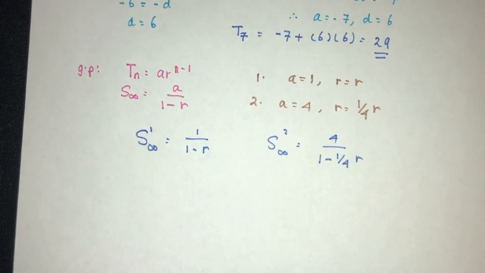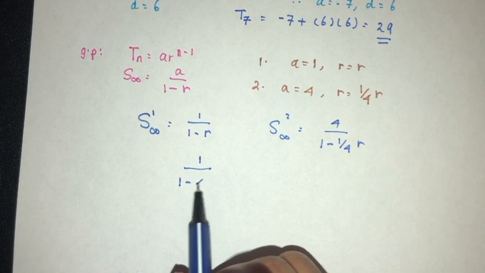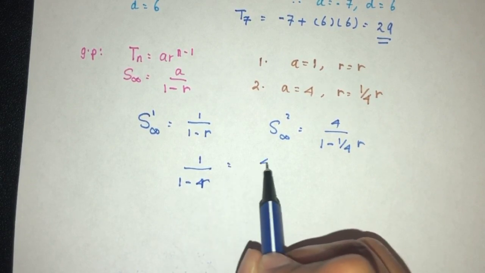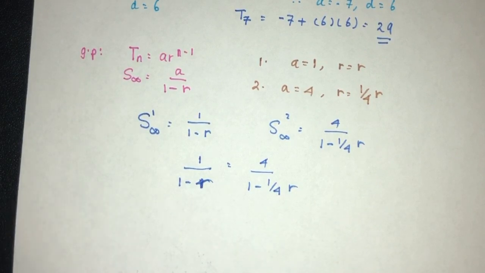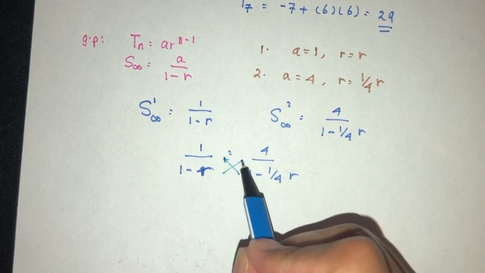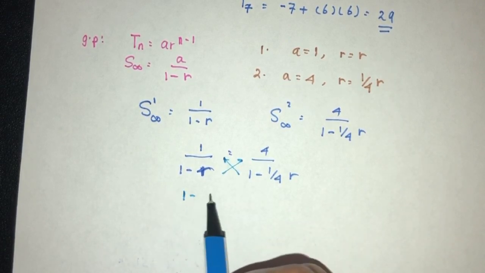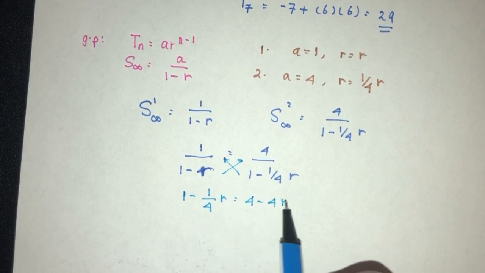So we know they are equal, so we have to equate them to each other. So on one side, this is equal to 4 over 1 minus 1 over 4 r. So now, how can we solve? We can try to cross multiply. You will have 1 minus 1 over 4 r, and that should be 4 minus 4r.